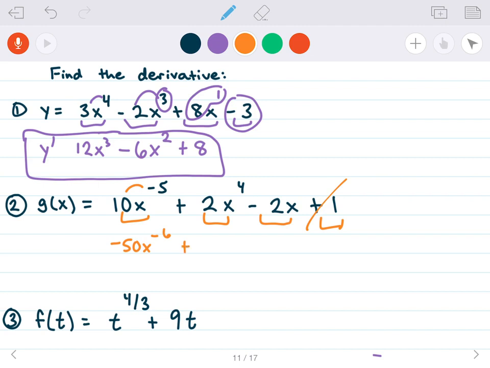Plus 2 times 4 is going to give me a positive 8 in the front. 4 minus 1 is 3. Let's see, 1 times negative 2 is going to give me a negative 2 in front. X to the 1 minus 1 is 0, but we don't have to write x to the 0 because that's just 1. So this is our derivative right here. This is g prime of x.